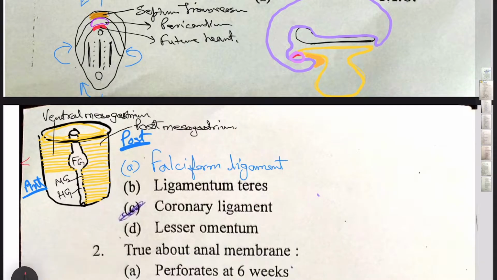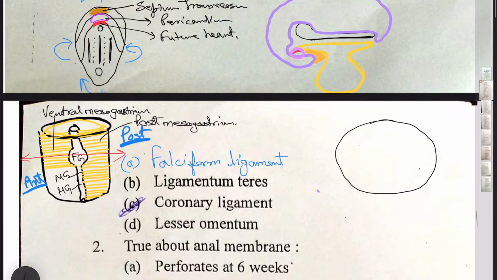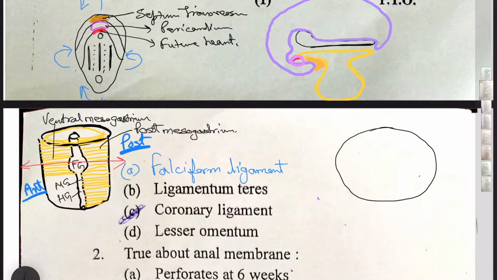Okay, let's draw a transverse section here. So here what you're seeing is a transverse section. As I taught you just now, there will be a developing gut here. Let's say this is the developing stomach, and this is the body wall, the abdomen region, which on the inside is lined by this parietal peritoneum, and which is connected here with the help of this mesentery.